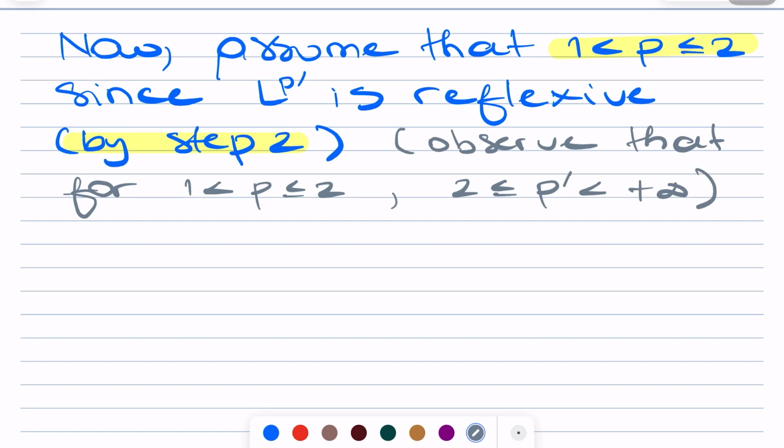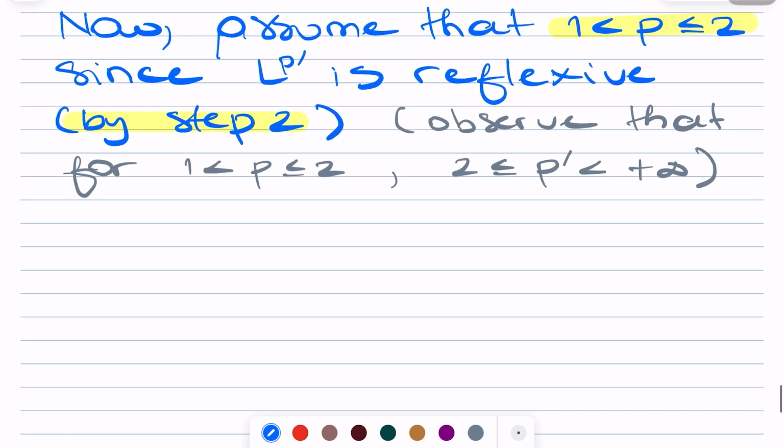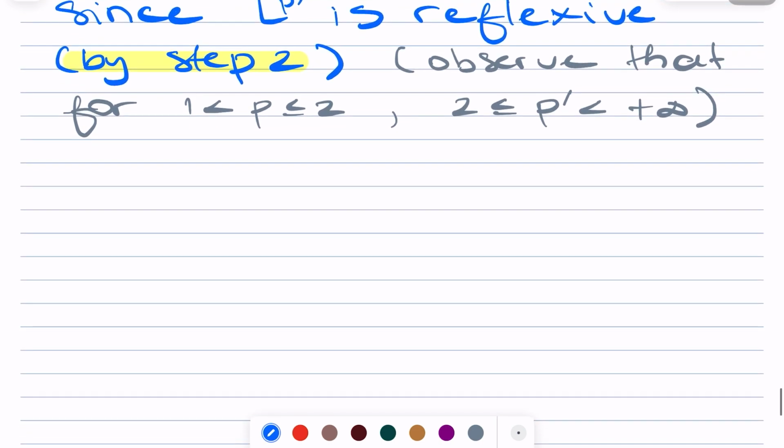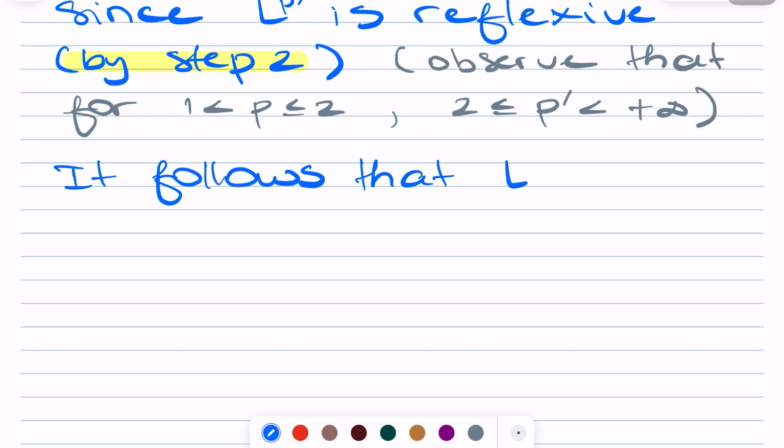Okay, so L^p' is reflexive, so it follows that (L^p')* is also reflexive.